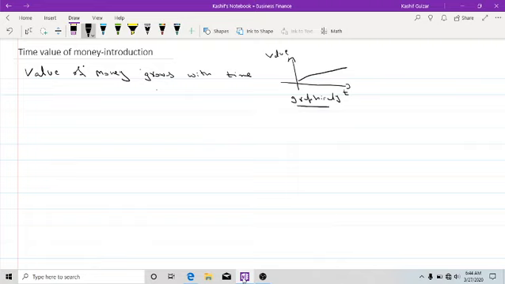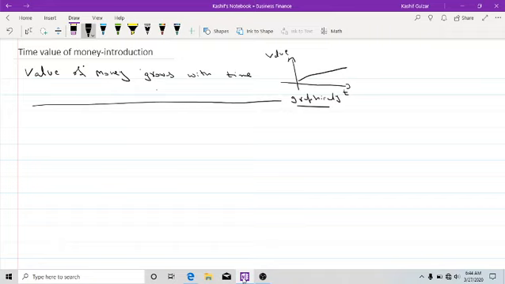Right. How come this is possible? Let's say we have $100, I want to invest it in an account and the bank pays 10% interest. Then after 1 year how much will it be, and after 2 years how much will it be?